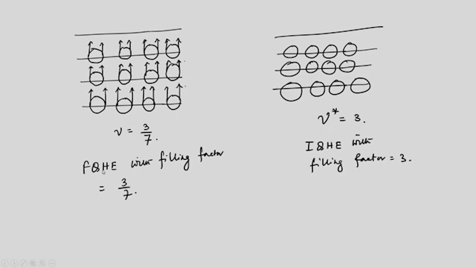Okay. And let us do the last thing in this regard. We still are missing a number of fractions. Even though we have been able to go beyond the Laughlin picture and get a lot of other fractions from these composite fermions, we still have not got all the fractions that are experimentally observed.